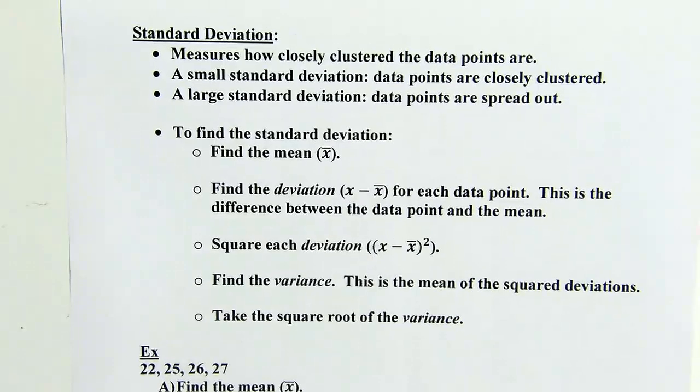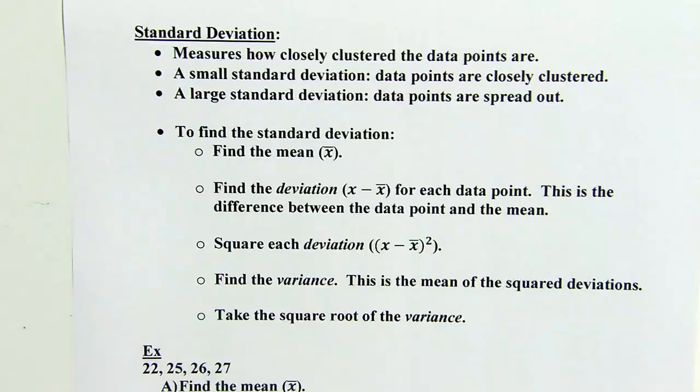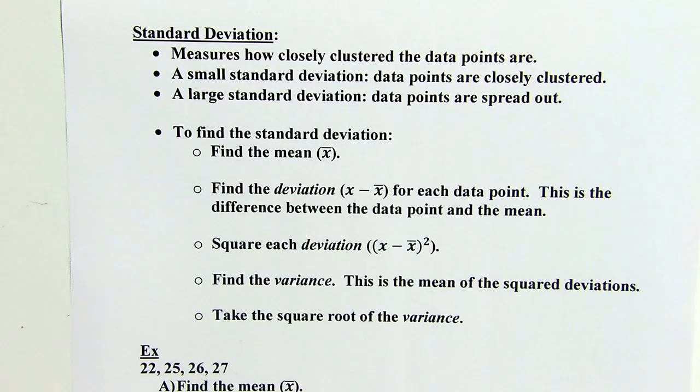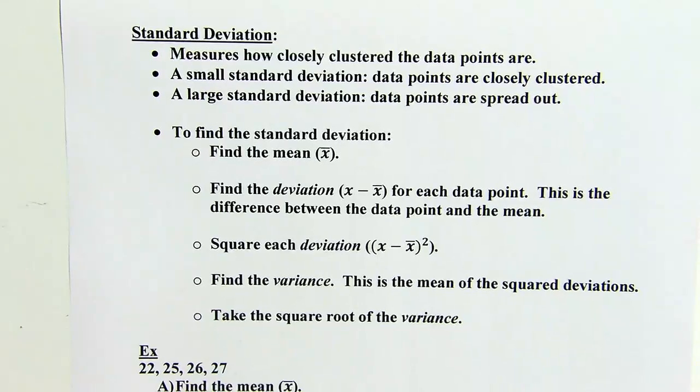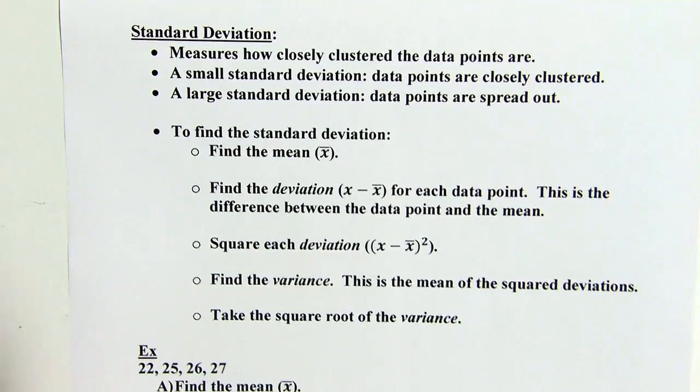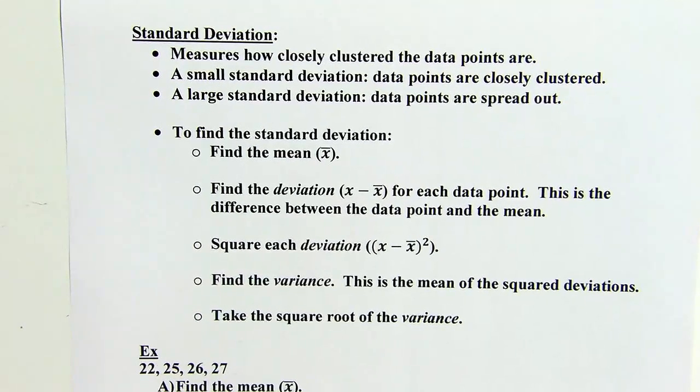Okay, so standard deviation. This is going to measure how closely clustered data points are. Okay, so if you imagine a whole class takes a test, and everyone in the class gets a 50%. Well, then 30 people, let's say, all get a 50%.